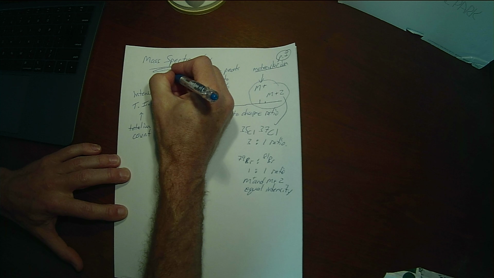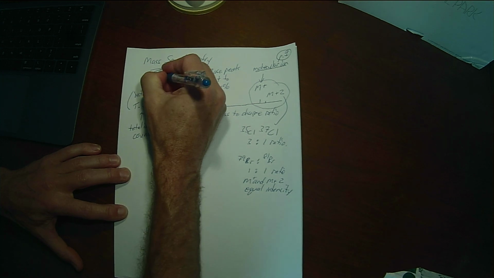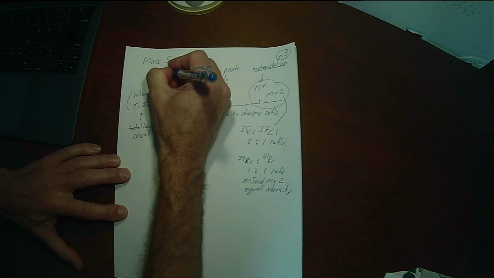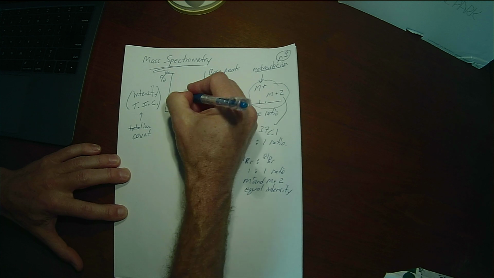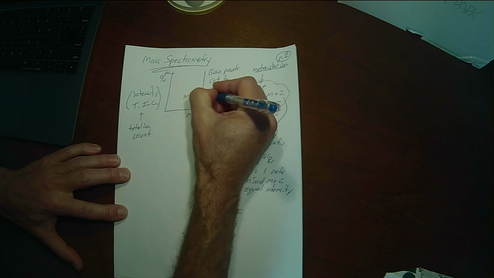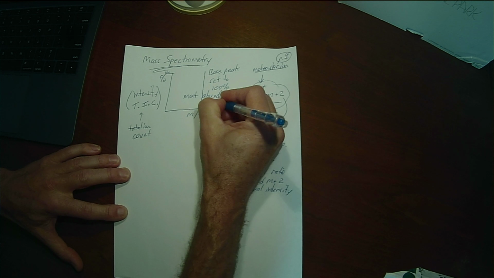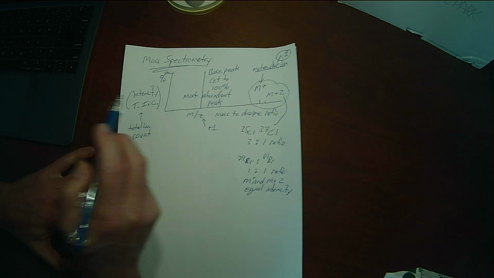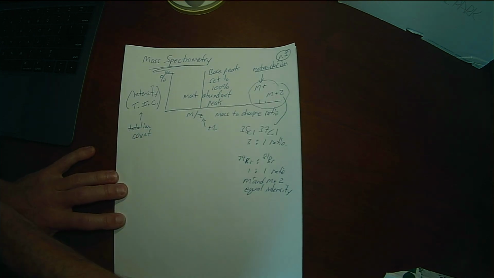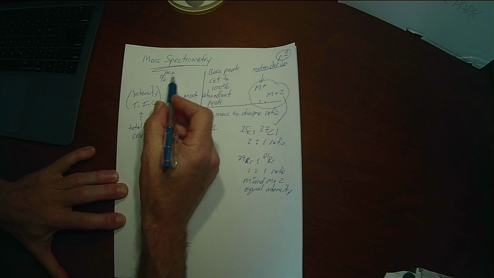So this is often in percent, where 100% is the most abundant peak. If you look at the data, the data will give you numbers in total ion count, and they'll be huge. They'll be in the 10 millions, sometimes 100 million range. So we just basically calibrate that to 100%.